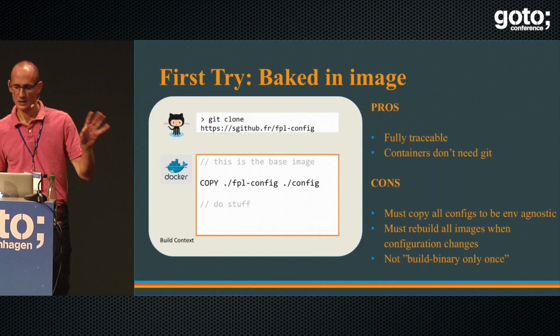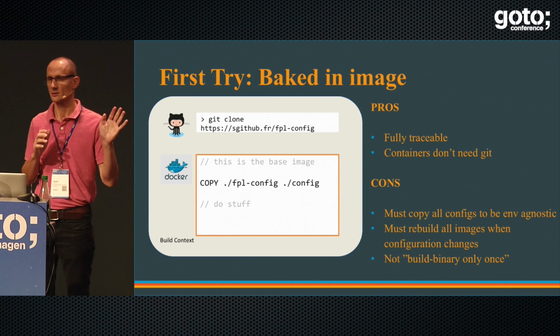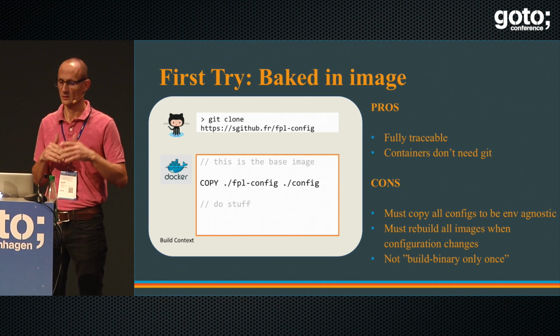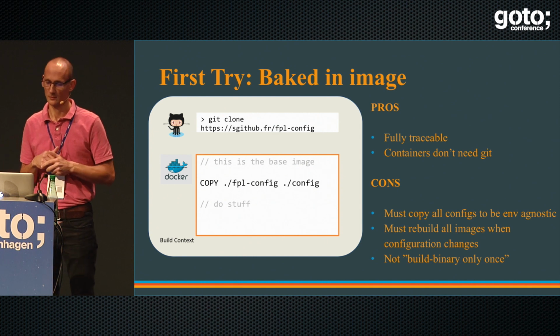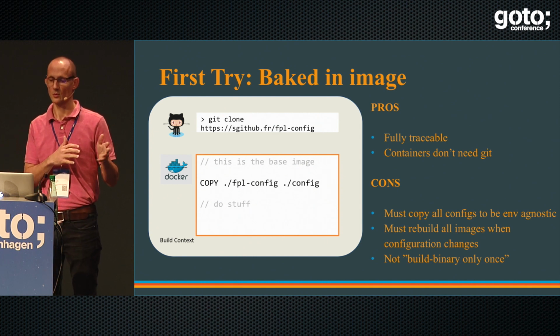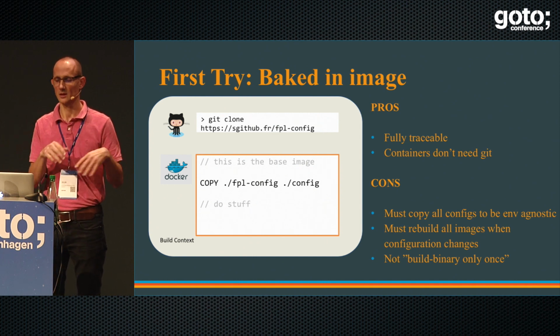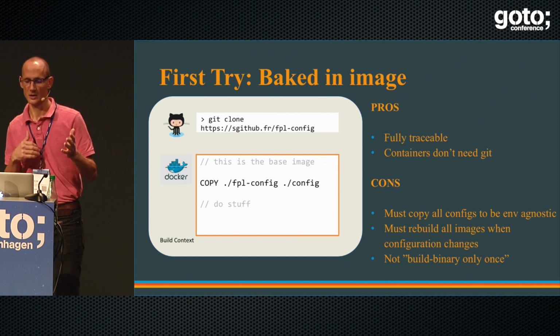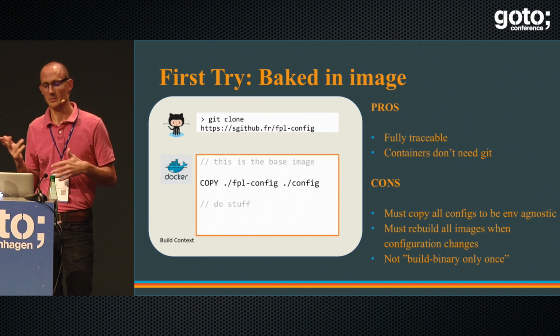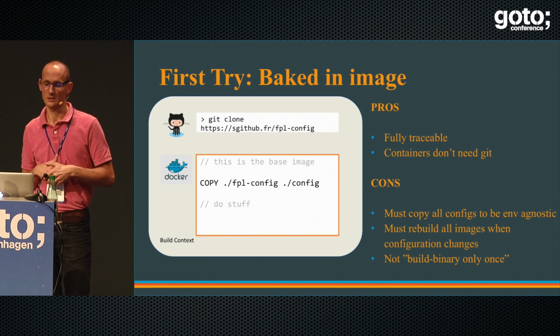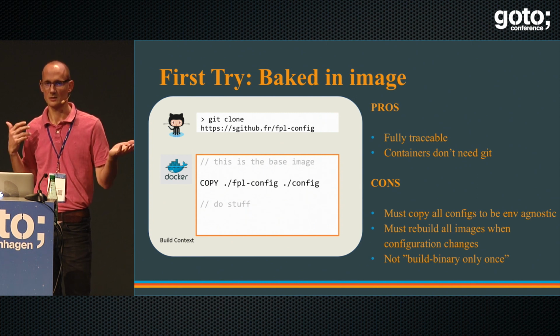So as I hinted earlier, we tried to bake the environment configuration into the image. At first we just clone the repo into the build directory, like on Jenkins, before building the image, and just use the copy directive. As a benefit, you get full traceability because everything is in the image.